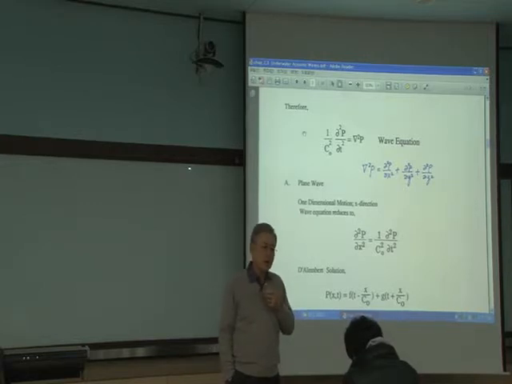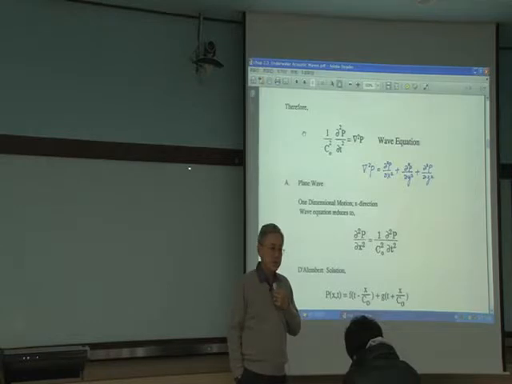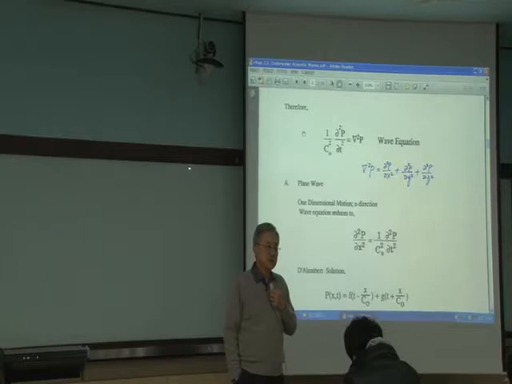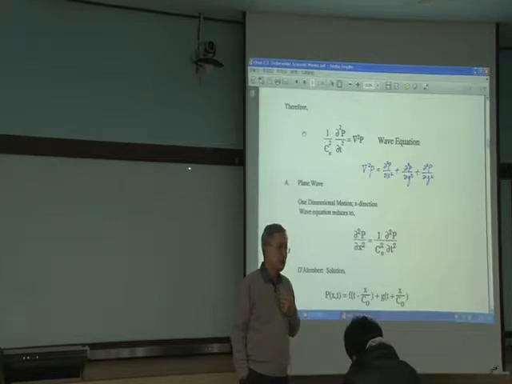If there is no medium, if it's a vacuum, then the wave doesn't propagate. It has to be a compressible medium to propagate the wave, right?